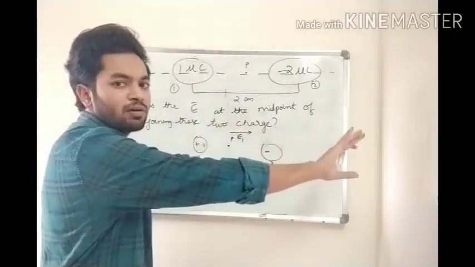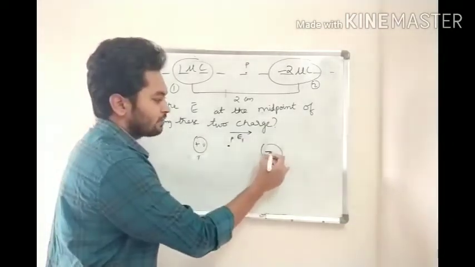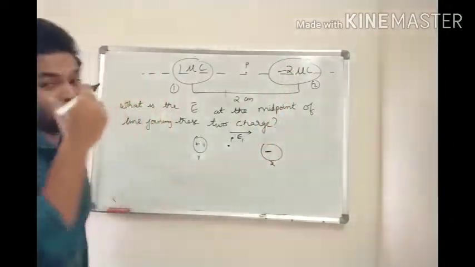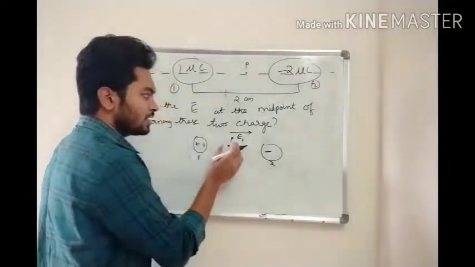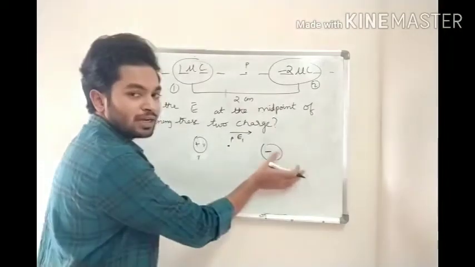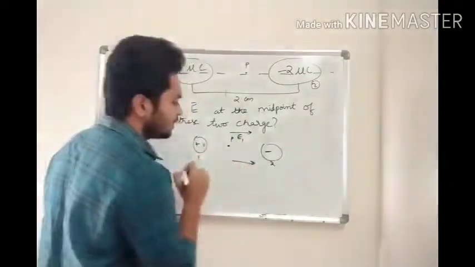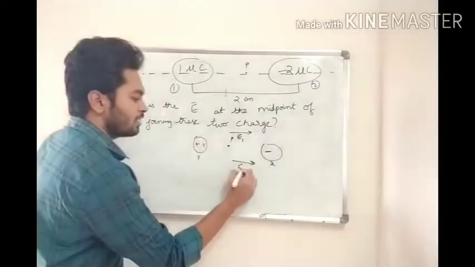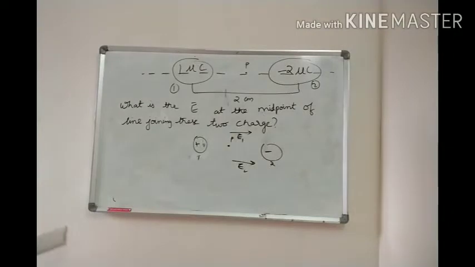Due to the second one, this is negative, minus 2 microcoulomb, and P is at the midpoint, so it is going to attract, because this is positive and this is negative. So it is also in the same direction as E1. This is E2. E1 and E2 are both in the same direction.